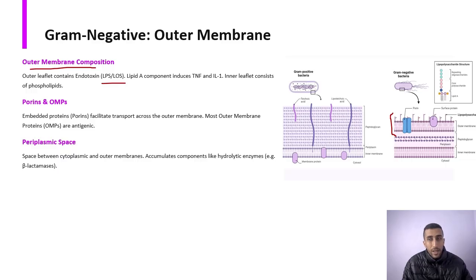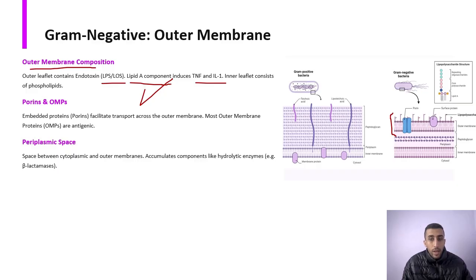Lipopolysaccharide is composed of lipid and saccharides, from its name, and the lipid A component is the most antigenic. The oligosaccharides and polysaccharides are also antigenic, but the lipid A component is the most antigenic of the gram-negative, and it induces tumor necrosis factor and interleukin 1, and hence causes an inflammatory reaction. So this is for the outer surface.